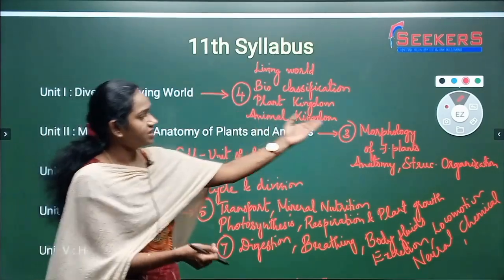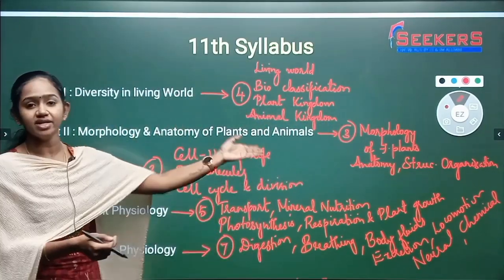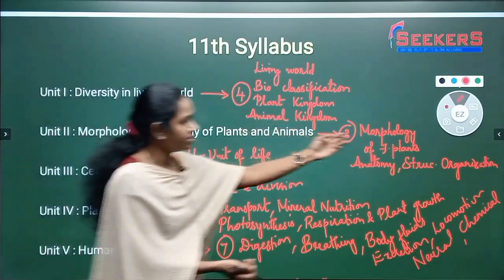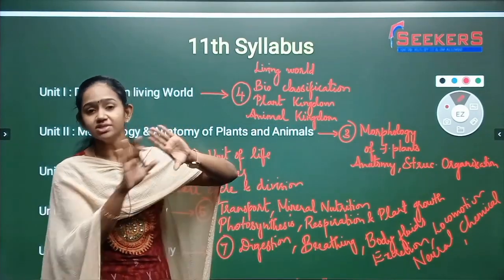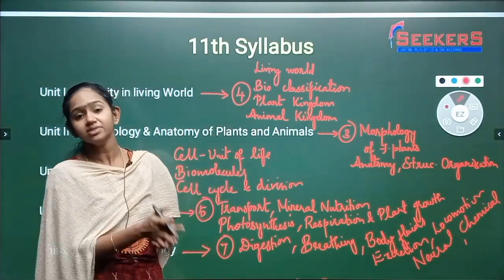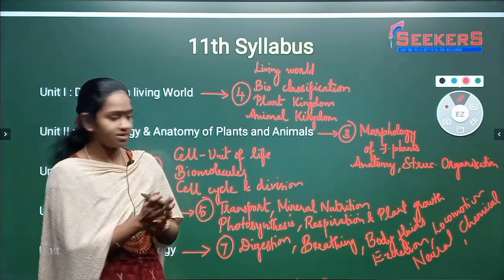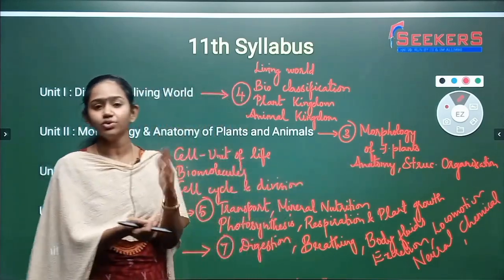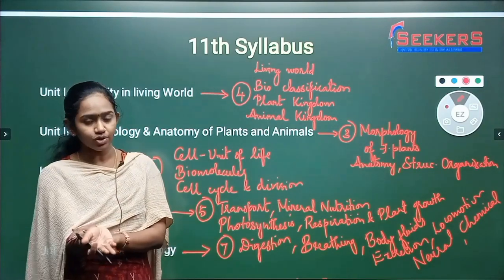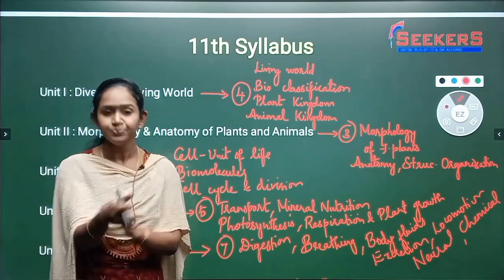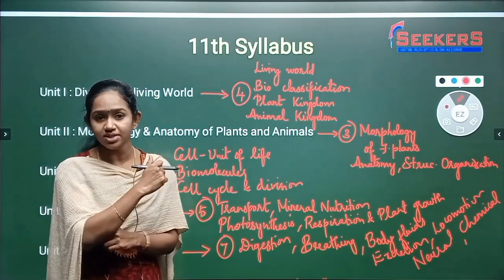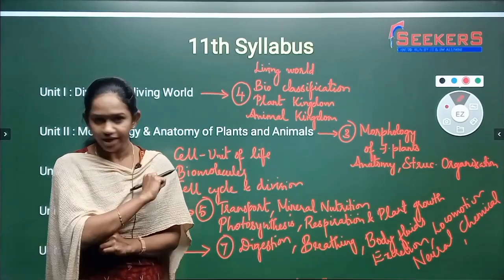So the second unit is about the morphology and anatomy of plants and animals. In the morphology of flowering plants, you will study all the external characteristic features of angiosperms. And in anatomy of flowering plants, we are going to have a detailed look at your tissues, tissue systems, and secondary growth, how it occurs in flowering plants, that is your angiosperms.